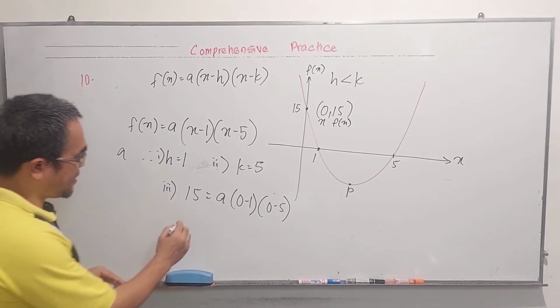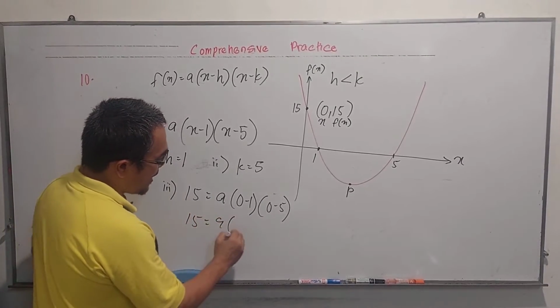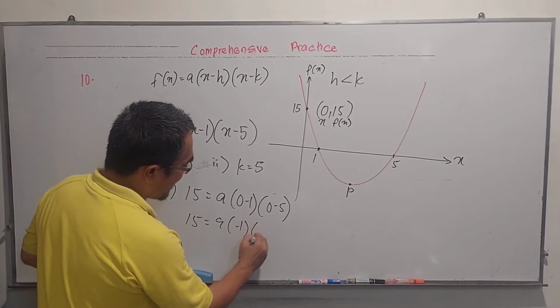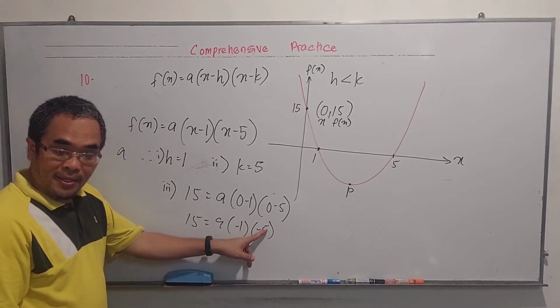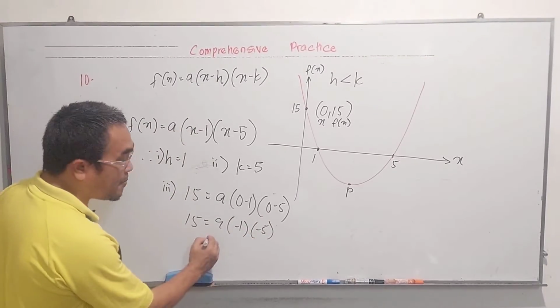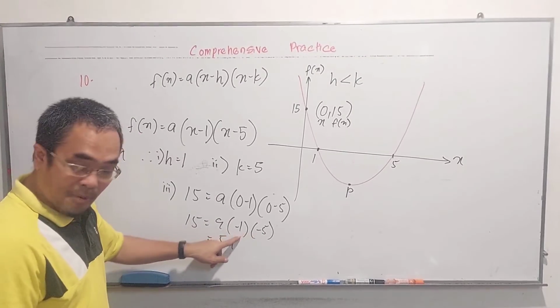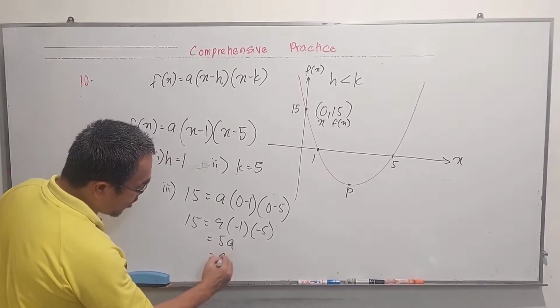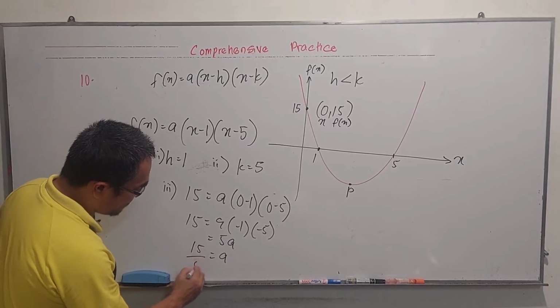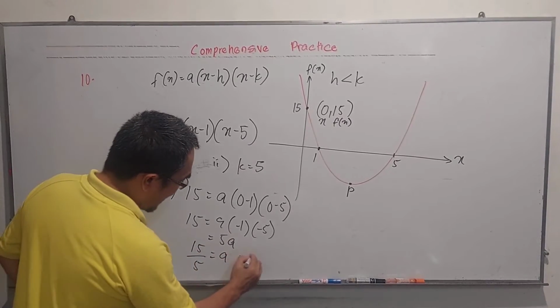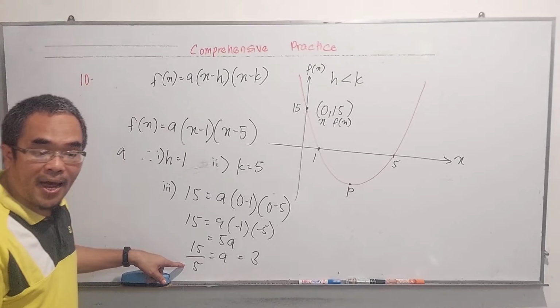In the brackets it will be -1 and -5. Multiplying -1 times -5 gives 5, so here it will be 5a. To find a, I move that, so a is 3 because 15 divided by 5.